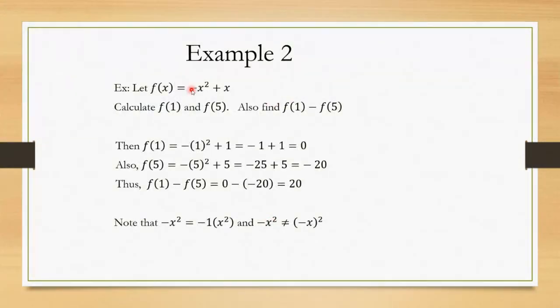Moving on. For this one, same idea. Let's get f of 1 and f of 5, and then we're going to find their difference. So what's f of 1? Well, you replace x by 1. That's what I'm doing. We have minus 1 squared plus 1, which is minus 1 plus 1, which is 0.